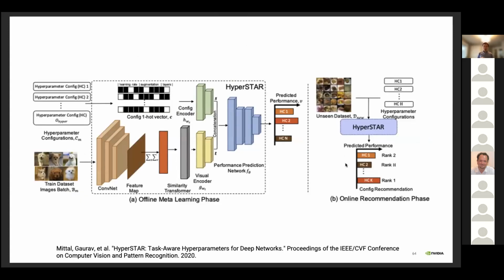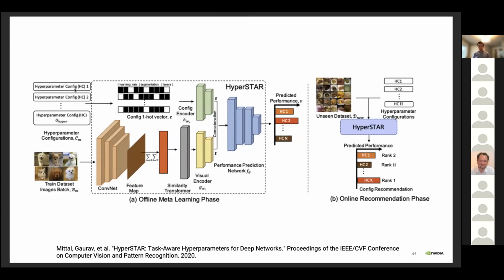Another work is called Hypersoft. This is from Microsoft, also from the same year's CVPR. The idea behind it is to use the hyperparameters as part of the input, jointly training with the data and the dataset, and using this information to predict the performance of each hyperparameter configuration or recipe.